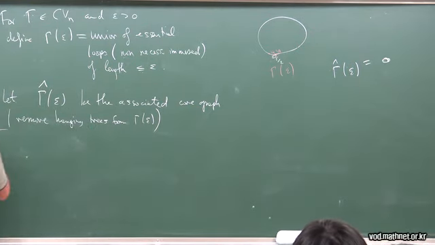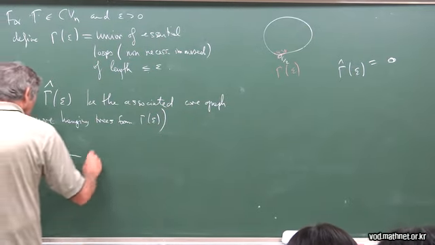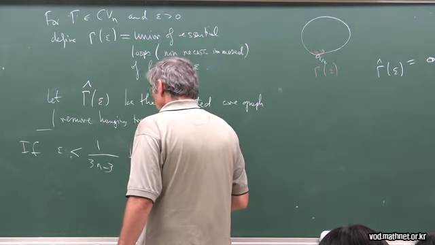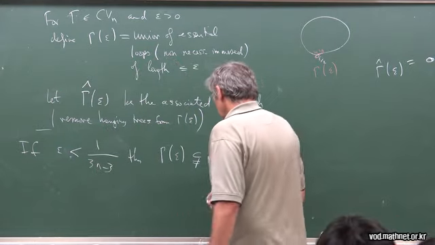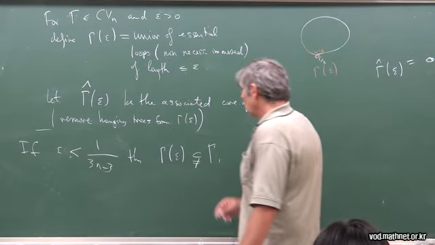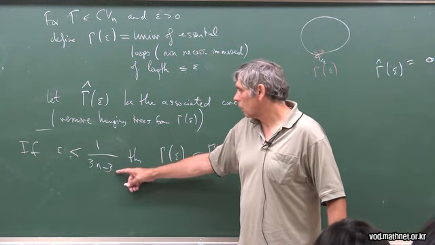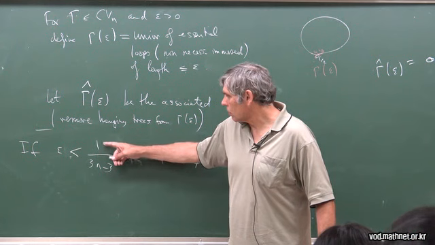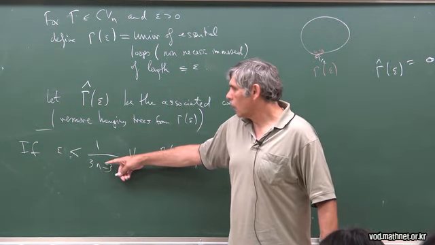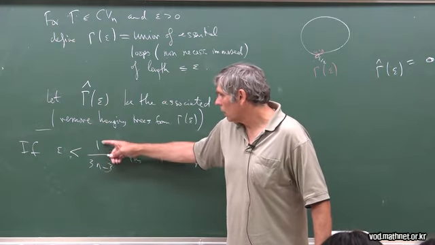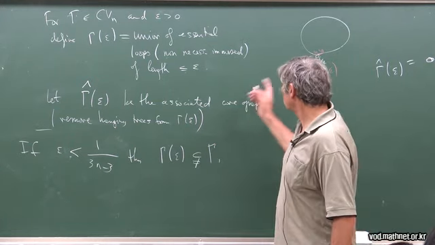Now, one observation is that if epsilon is less than 1 over 3n minus 3, then gamma of epsilon is certainly a proper subset of gamma. That's because this is the largest number of edges possible in a graph of rank n, so this is the average length of an edge in such a graph, and so there has to be an edge longer than this number, and when epsilon is less than this, none of your loops can cross this big edge.